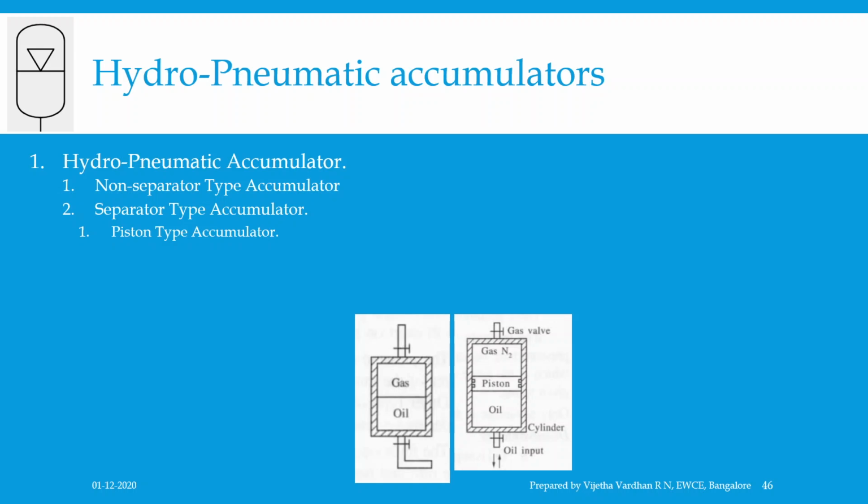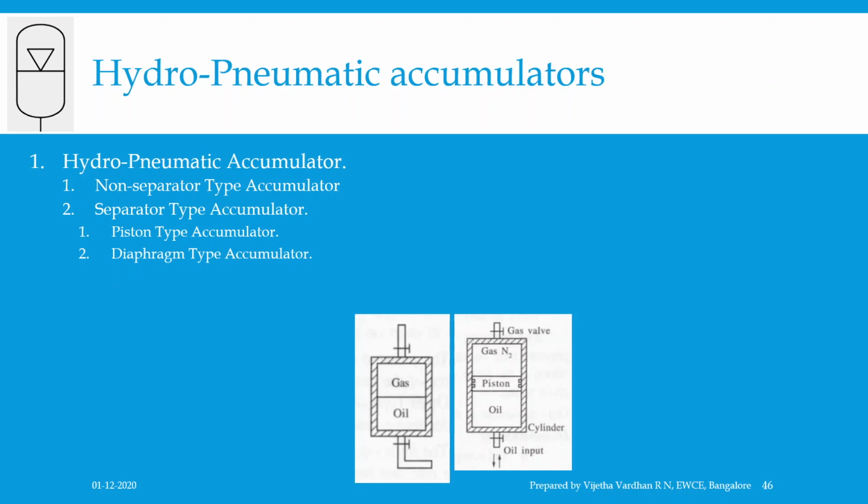The pressure of the oil depends on the compression of the gas and varies with the volume of oil in the chamber. The major advantage of the piston accumulator is its ability to handle high or low temperature fluids using compatible sealing, and the main disadvantages being that they are expensive to manufacture and have practical size limitations.